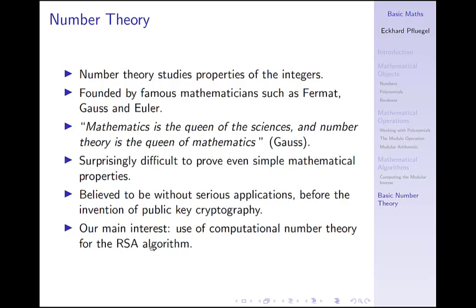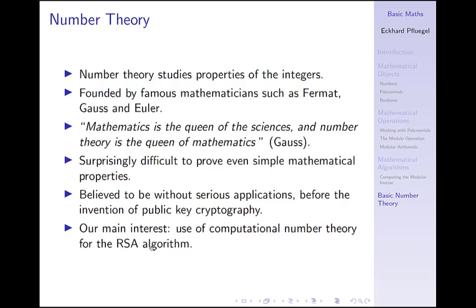So nowadays people know that it's actually very difficult to prove even very simple mathematical properties. And as I just said, for a long time we didn't really have any applications of number theory, but nowadays the invention of public key cryptography really made it clear that there is one, a really important one.